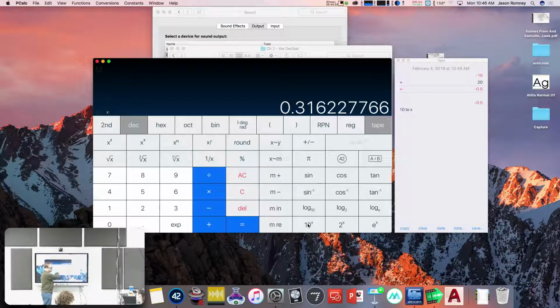So I could multiply it by any voltage I want, and I will get a voltage that is 10 dB lower. Okay? So if I want to know how many volts is minus 10 dBV, I just take this number and multiply it by the reference level for dBV.